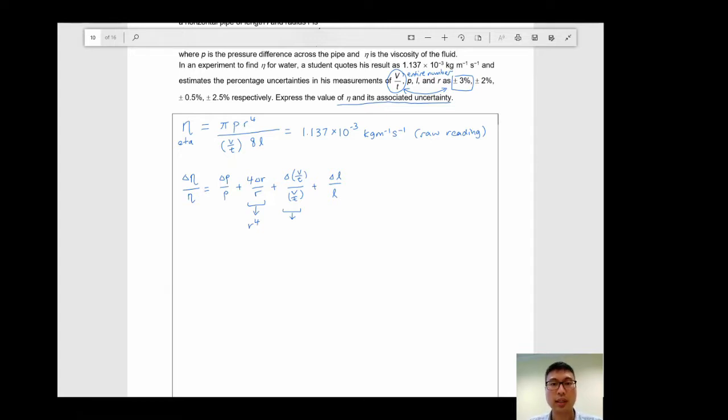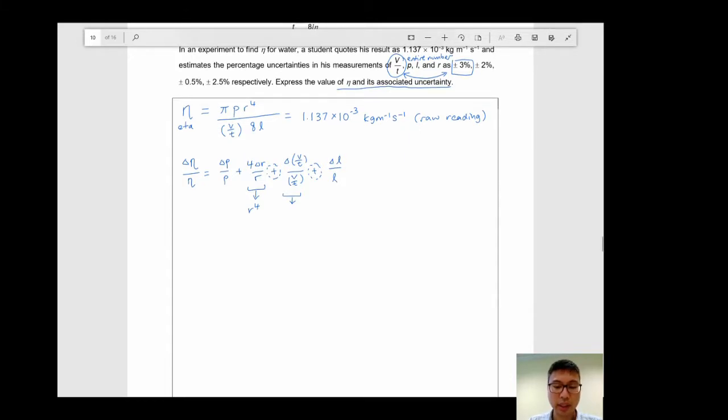Once again, that's because the percentage error of v over t was given to us. Finally, you may notice that we always add fractional uncertainties together even though we have divided the number. So you never subtract fractional uncertainties even if you have divided the number.